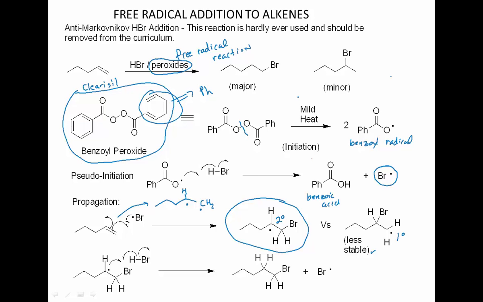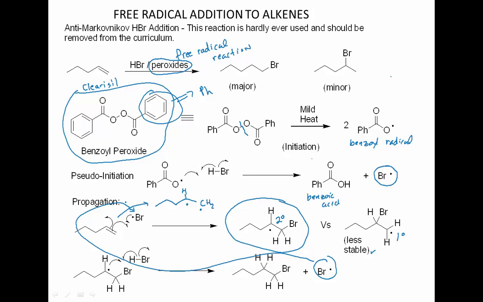All right. So once we make this radical, it's now going to abstract a hydrogen off of HBr, just like benzoyl radical did over here, but now it's with this radical. This is going to make the product, and the bromine is going to re-enter the cycle right here.